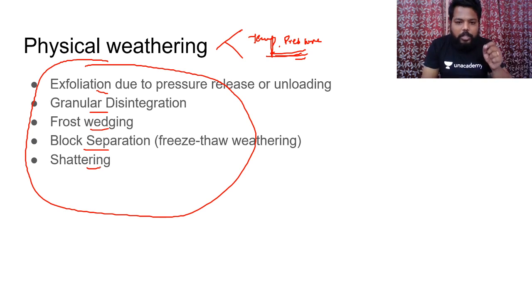So the moisture which is stuck between the rocks during the night gets solidified, and hence we have an increase of pressure on the rock. And again the next morning, we have the process of thawing. So due to this alternate freezing and thawing, we experience disintegration of rocks. So these processes are generally called weathering.